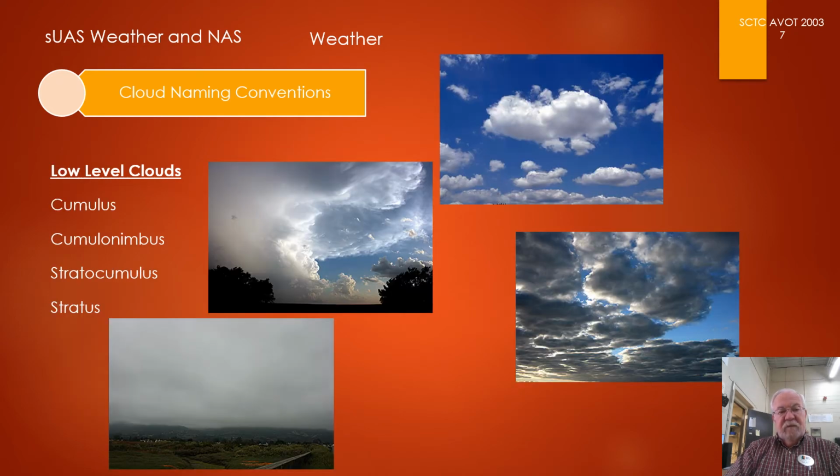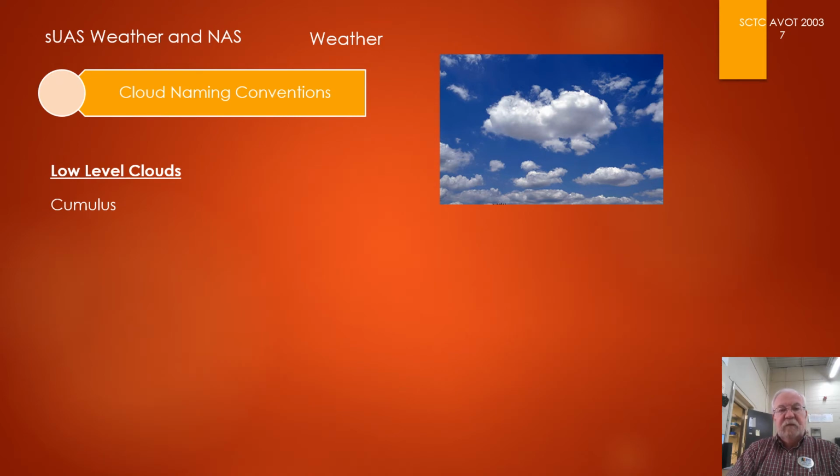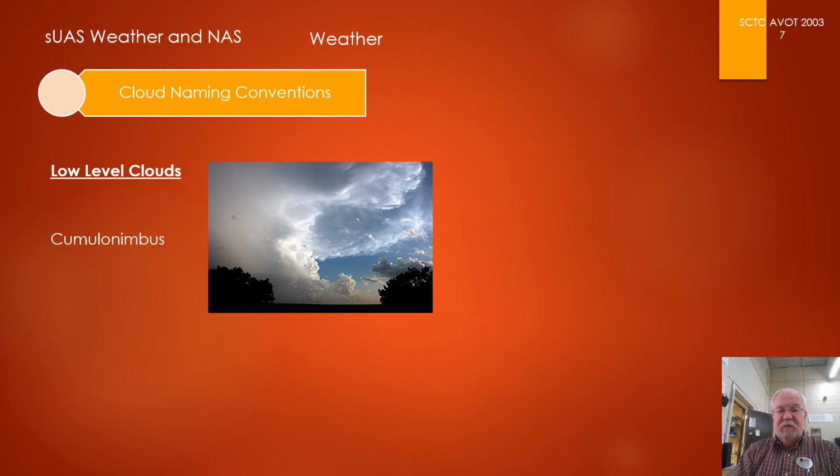We have these four kinds of low-level clouds. Cumulus, the typical clouds that you see pretty much every day around Georgia, except if there's some kind of frontal activity nearby. Then we have the cumulonimbus, which you can see nimbus being rain, as if there's enough vertical development in these clouds, this moisture will end up rising high enough to condense into actual rain.